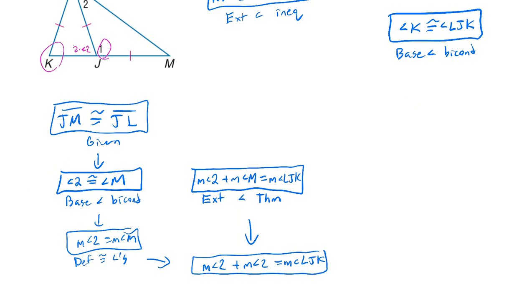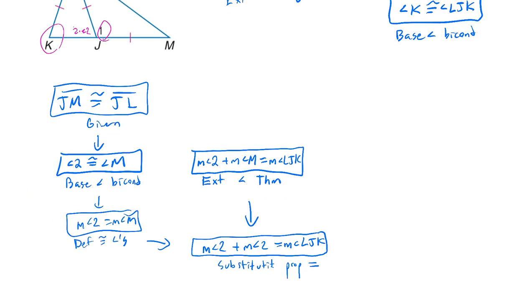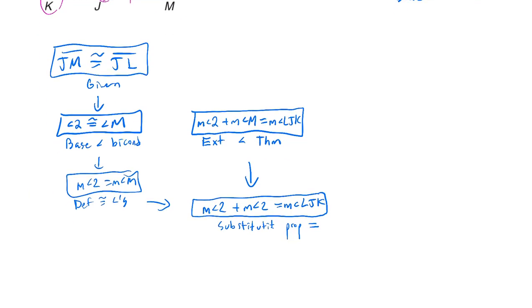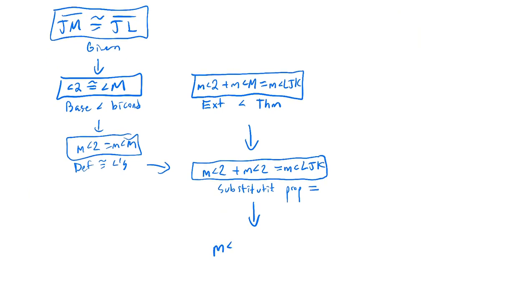That was just substitution, property of equality. Then over here we can put all these inequalities together. So what does this one mean? Well, if these two add up to be LJK, that means the measure of angle LJK is bigger than the measure of angle 2. That's the very definition of inequality, right?